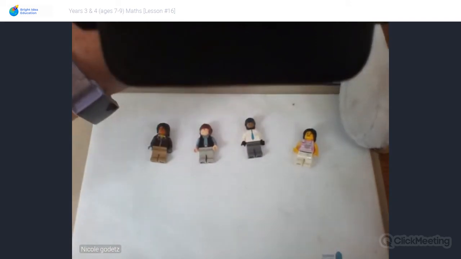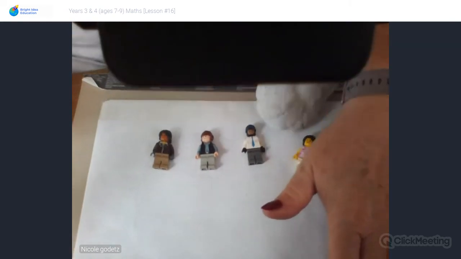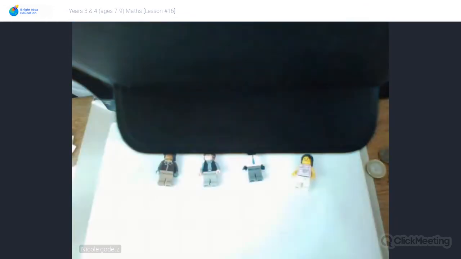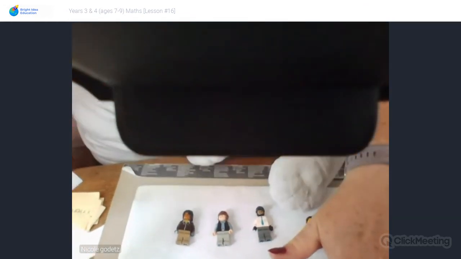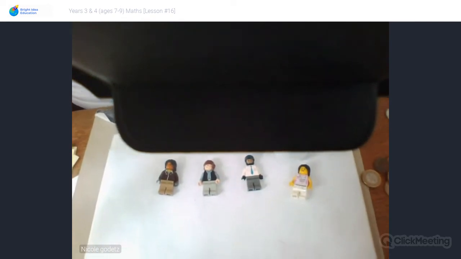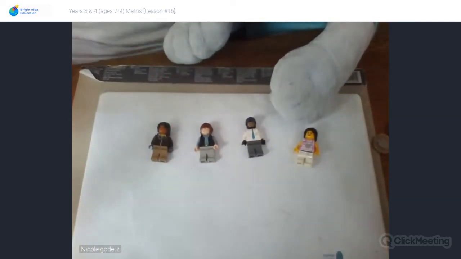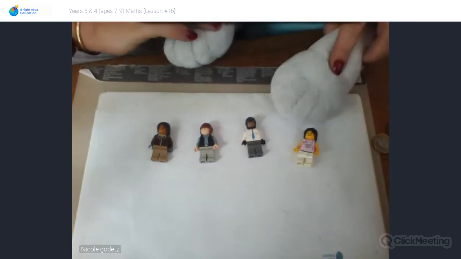So if I can turn that way, is that better? Yeah, it's a little bit better. Okay, so let's put the camera down so we're not blocking the light so much. Oops, the daisy. There's my 4 little friends. There they are, my 4 little friends, and that's Rexy's foot there, making them feel happy.